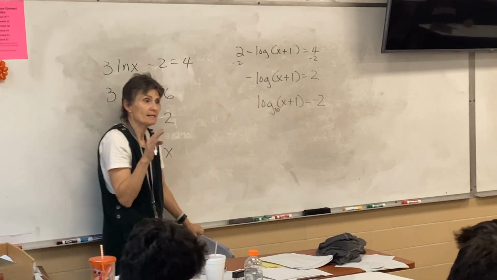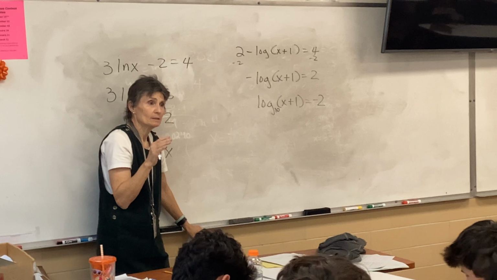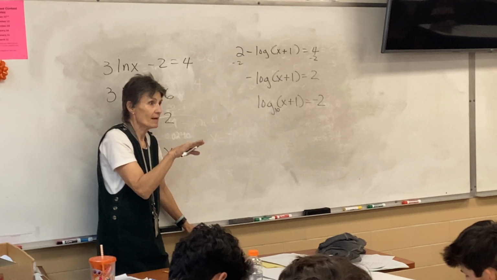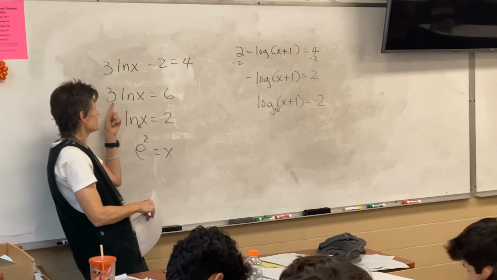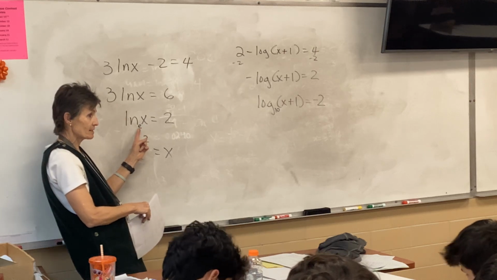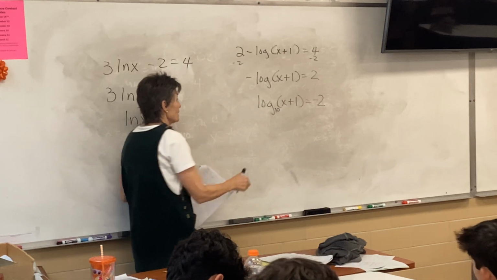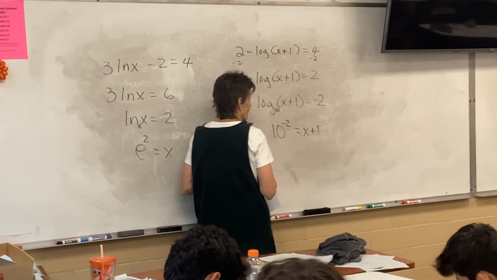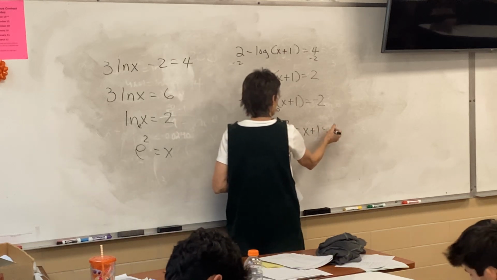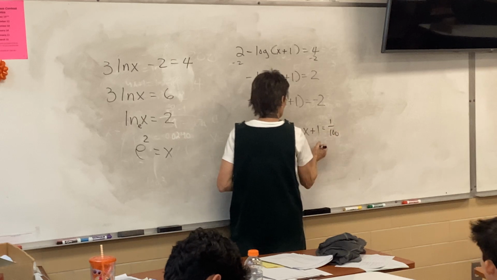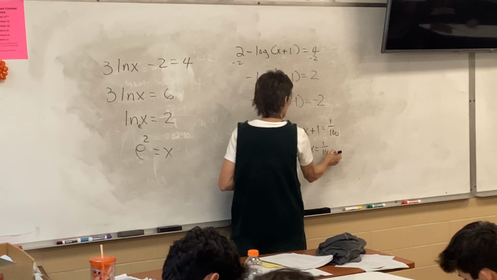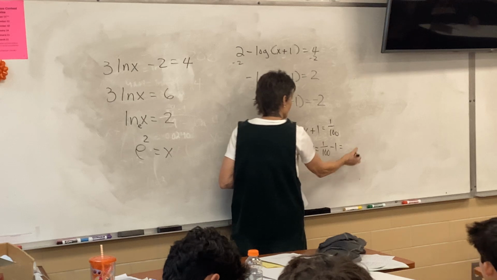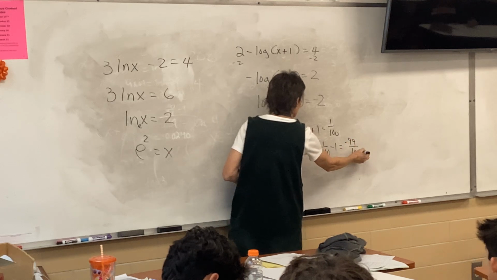When all you see is the log, you know the base is 10, just like when you see an ln, you know the base is e. So loop-de-loop, 10 to the -2nd is x plus 1. What's 10 to the -2nd? 1 over 100. So x equals 1 over 100 minus 1. Negative 99 over 100.